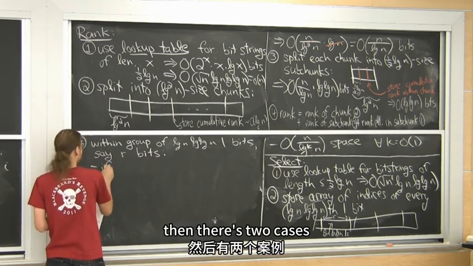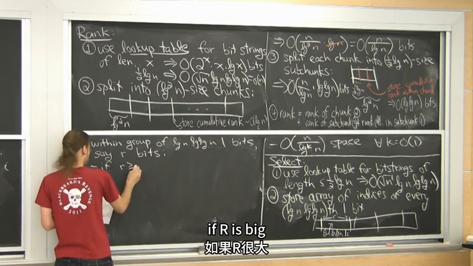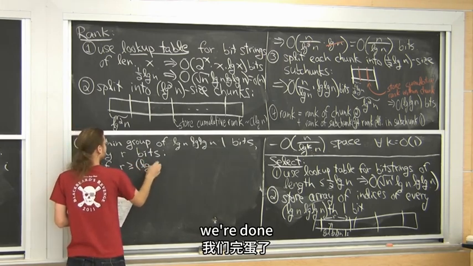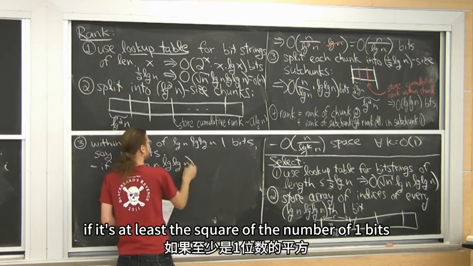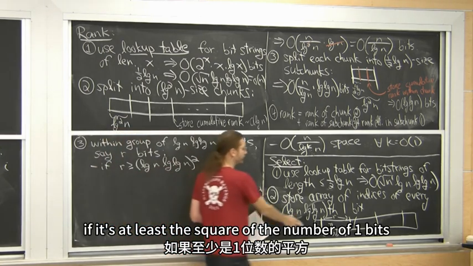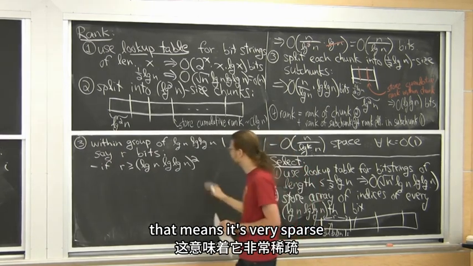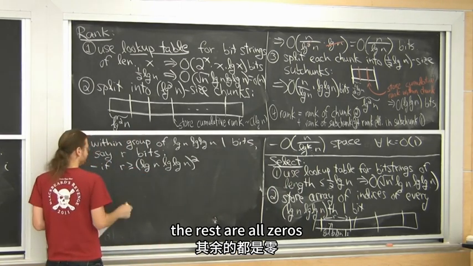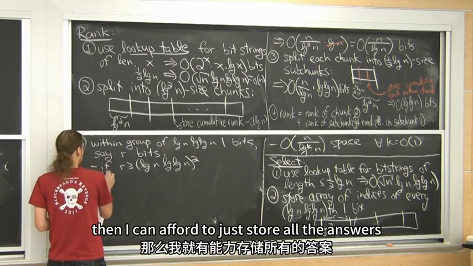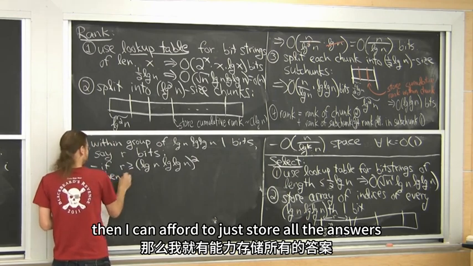Then there's two cases. If r is big, we're done. How big? Well, if it's at least the square of the number of 1 bits, that means it's very sparse. Only square root of the bits are 1s, the rest are all 0s. Then I can afford to just store all the answers.